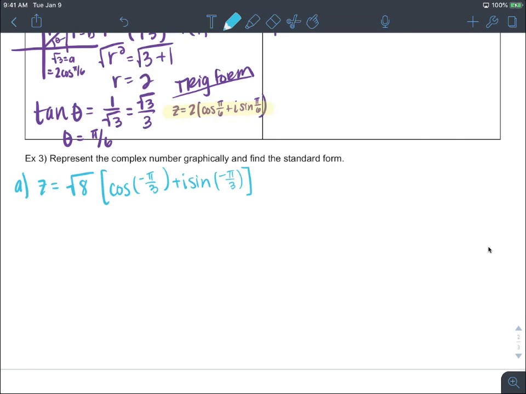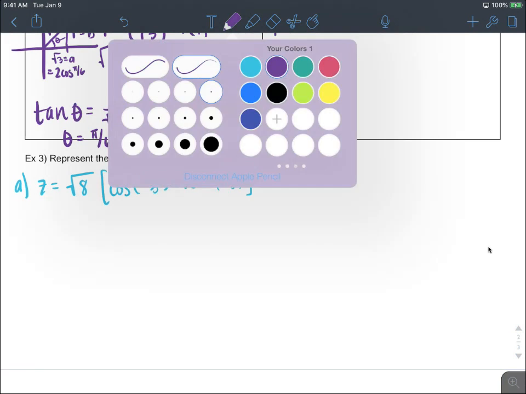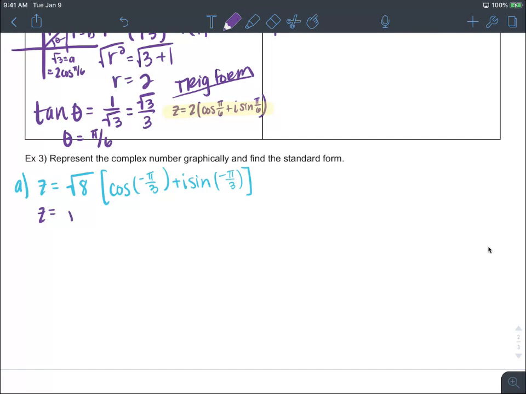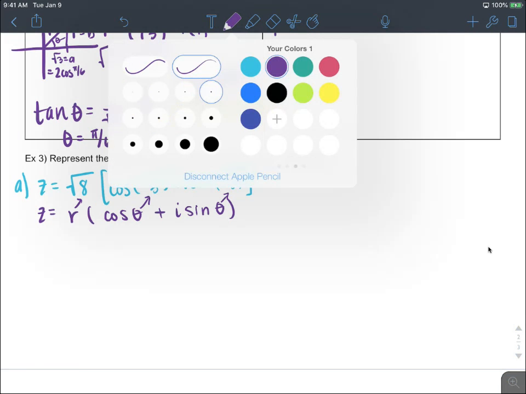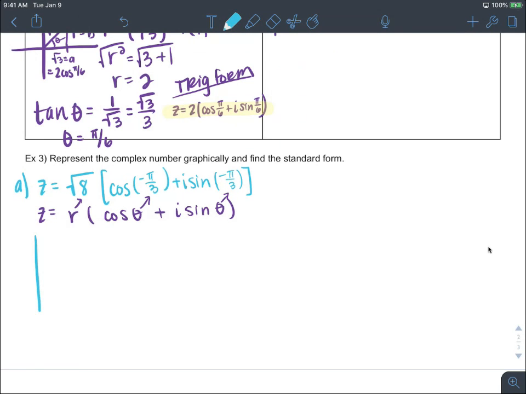So thinking about our trig form, remember this trig form is written like r times the cosine of theta plus i times the sine of theta. So it looks like my root 8 is my r, and my angle is negative pi over 3, for both of these. So negative pi over 3 would be negative 60.